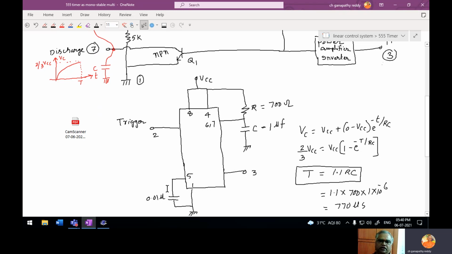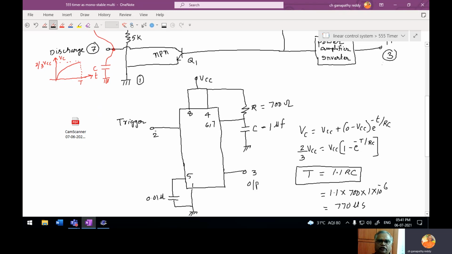Between 1 and 5, one capacitor is connected. At 3, we take output. This is output.